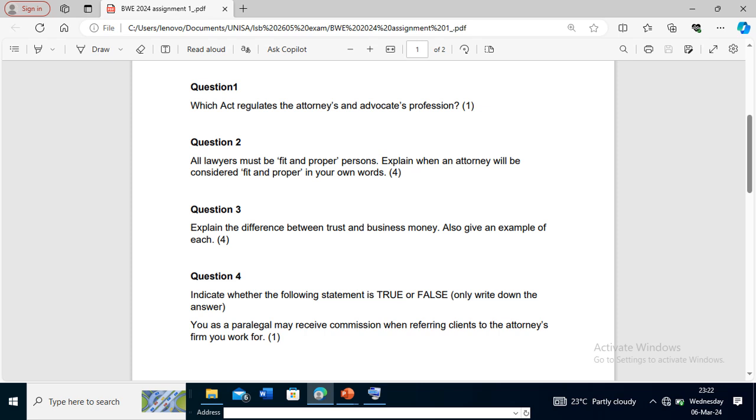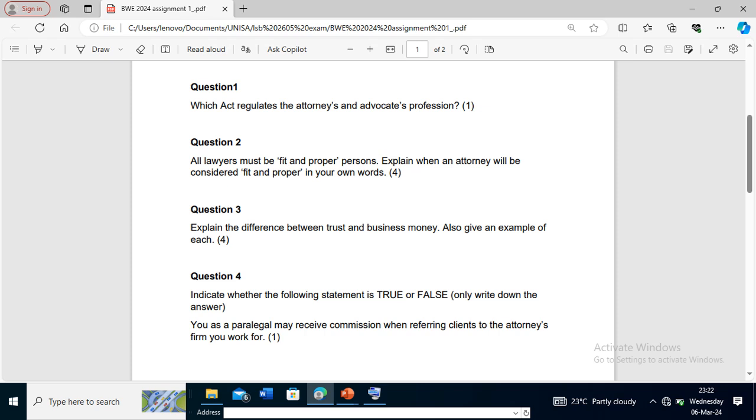If attorneys were to prepare a certain case or cases and get money from that, that's the money which they share. So attorneys share their commission with attorneys, advocates share their commission with advocates, paralegals share their commission with paralegals.